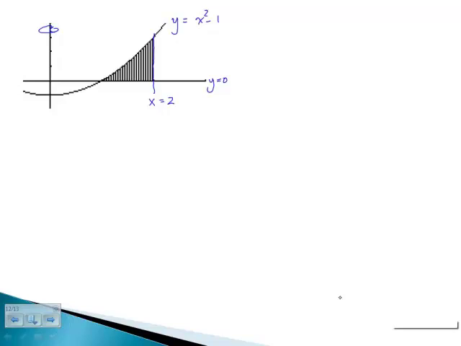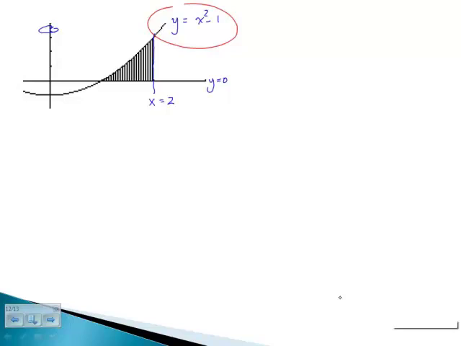So before we can begin to calculate the volume, there are a few preliminary calculations that we have to make. First, since we're revolving about the y-axis, we need our functions to be functions of y. Here we have x as a function of y, just a constant function, but here we have y as a function of x.